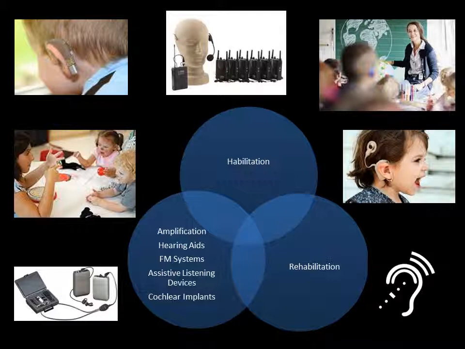There's behind the ear, in the ear, open fit, completely in the canal hearing aids. If you look on page 268, there are examples of these different hearing aids. Also, there's a picture on 267 as well.